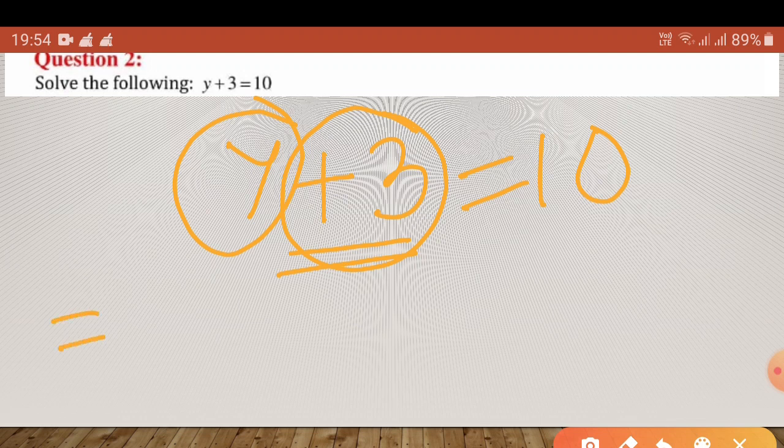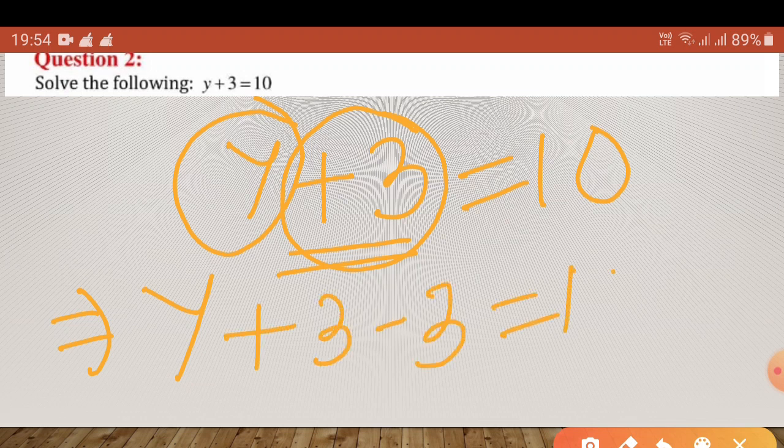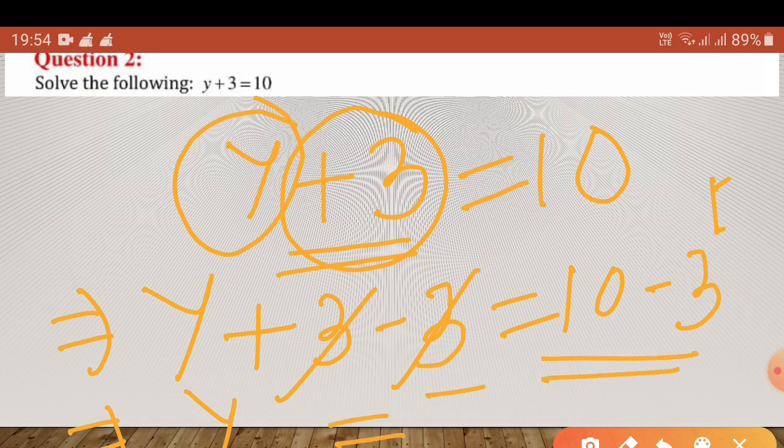So we can write y plus 3 minus 3, and on the right side 10 minus 3, and you also have to write down the condition, that you are adding minus 3 on both sides of the equation. Here minus 3 and plus 3 gives us 0, so y plus 0 gives us y, and on the right side 10 minus 3 equal to 7.